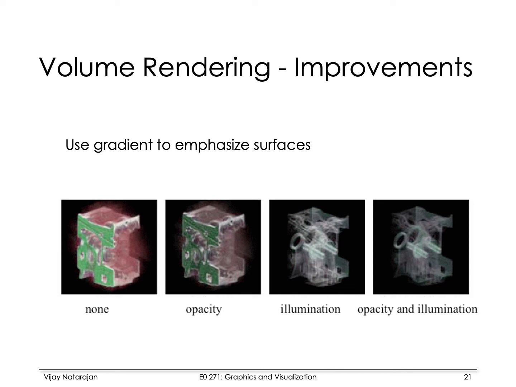As you can see here in the series of images, with no emphasis of the surface on the left, the surface being shown with opacity in the second image, and some of the surfaces shown using lighting with specular highlights, with some opacity and illumination, on the right.